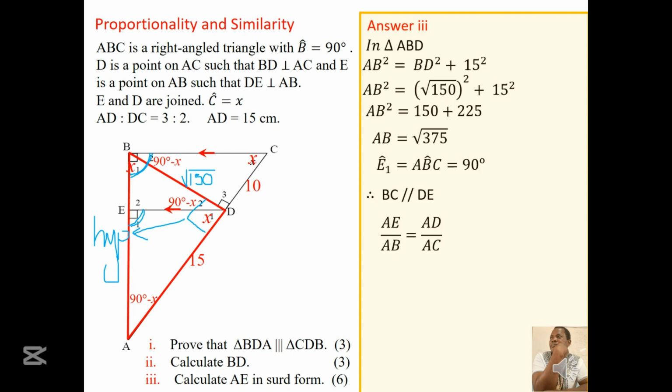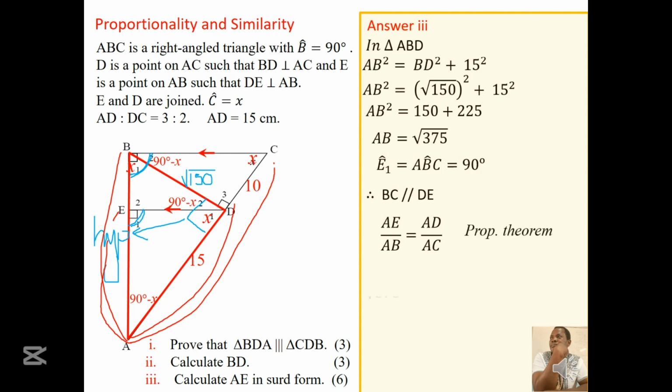So line from A to E divided by line from A to B must equal line from A to D divided by line from A to C. The reason is proportionality theorem, BC is parallel to ED.